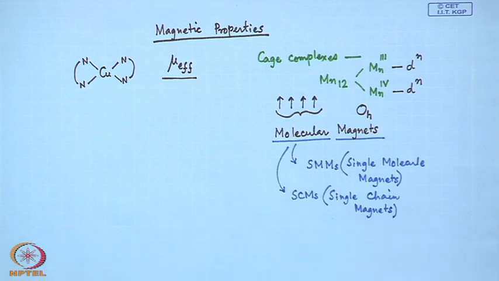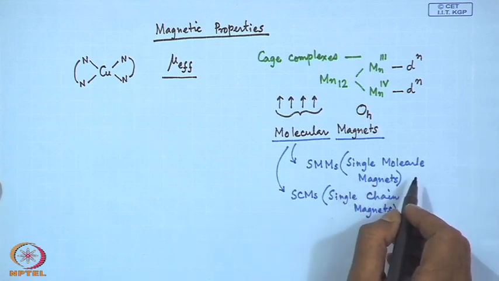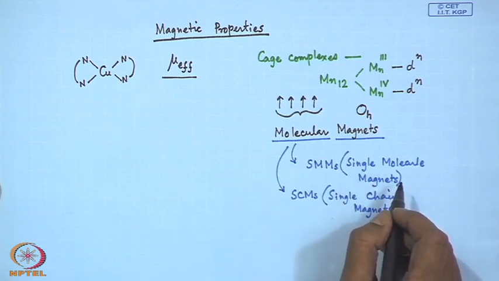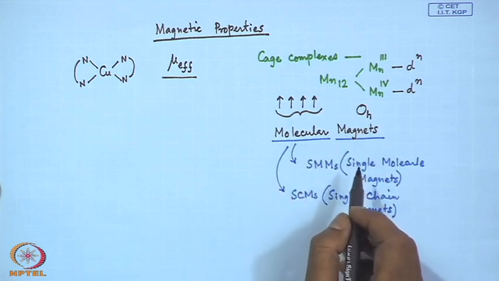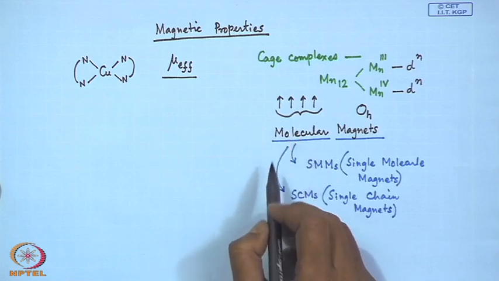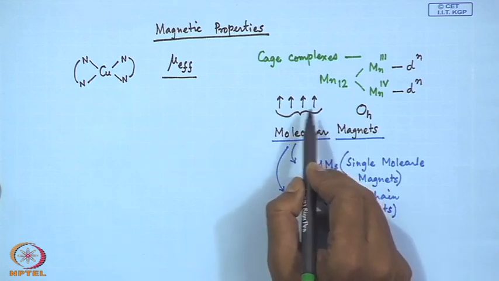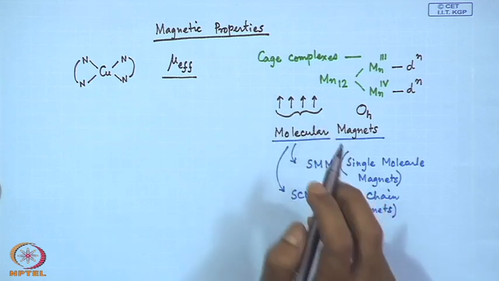So, these are a rather more complex area where we can store data, where the molecule can have some other interesting behavior and properties, because these are the most emerging area nowadays where we can understand the magnetic properties of big molecules having large ground state spin values. That means a large number of unpaired electrons are present within the molecule.